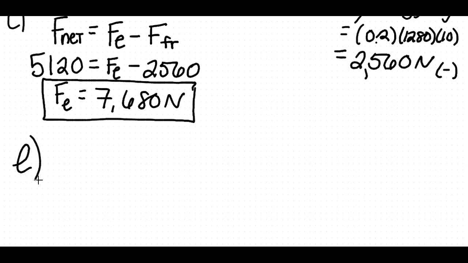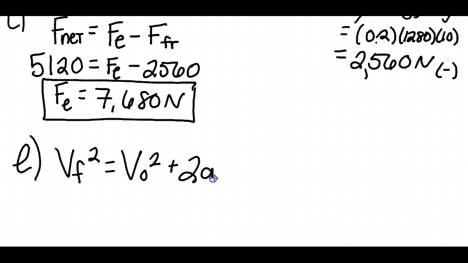So how far does the car travel during this time? Well, we know the time. We know V final. We know V initial. We want delta x. So you have a couple options. I am going to totally avoid time and solve it another way. I'm going to say V final squared is equal to V initial squared plus 2 times acceleration times delta x.